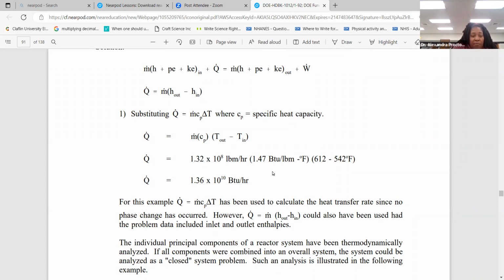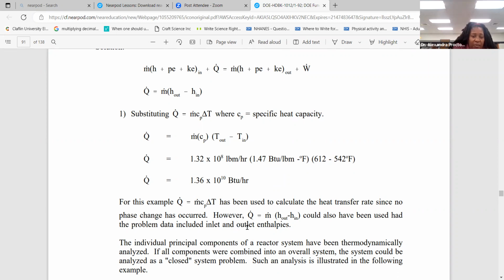Okay, so for this example, Q is equal to m c delta T, and that was used to calculate the heat transfer rate, since no phase change occurred. So you can use this equation when we start talking about no phase change occurring.